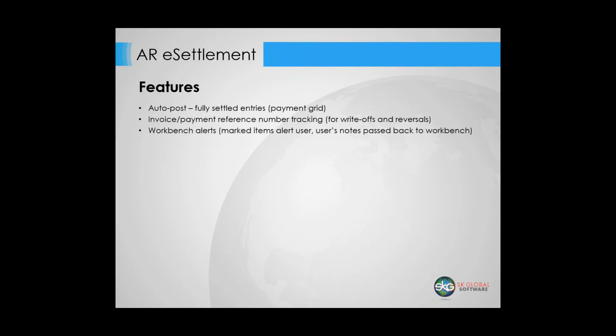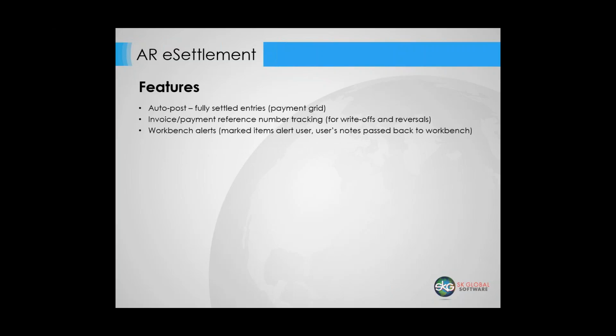Workbench alerts allows you to do research with your colleagues. So if you're working in the Workbench area, trying to figure out settlements and you have a question, you can designate another user to send that over to. On their AX notification tab, they will be notified. They will have a reference to what the settlement question is. They can click Go to Origin.